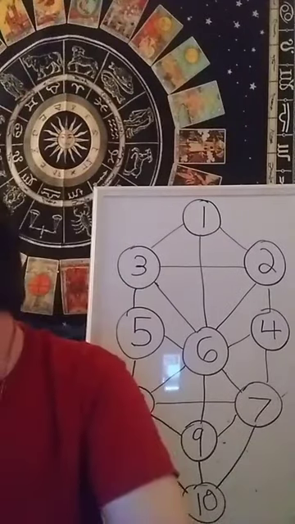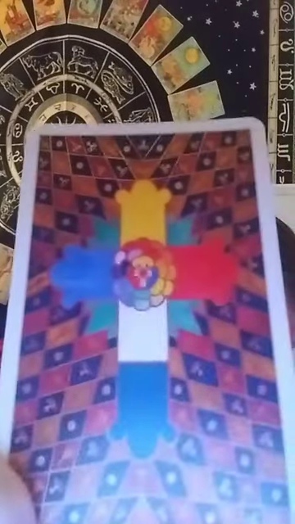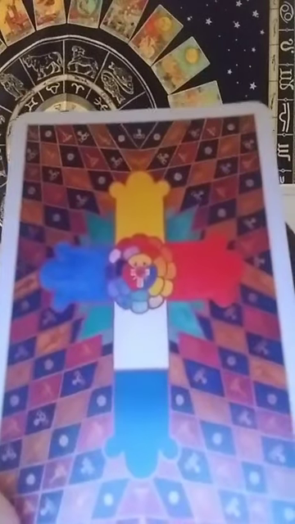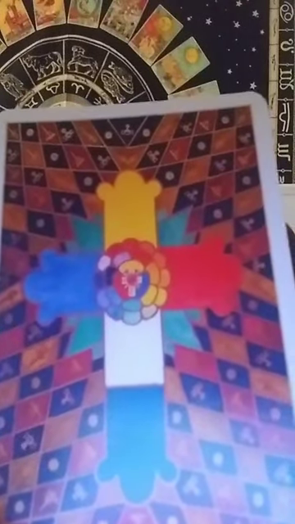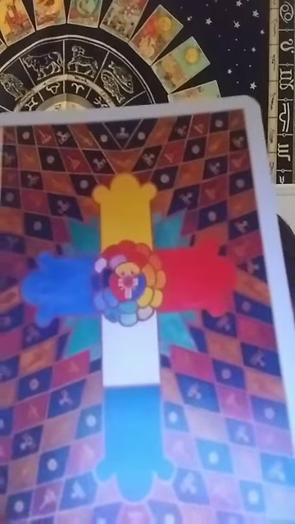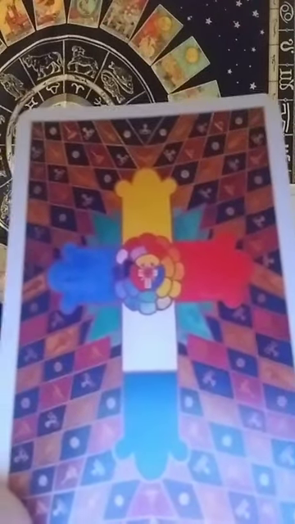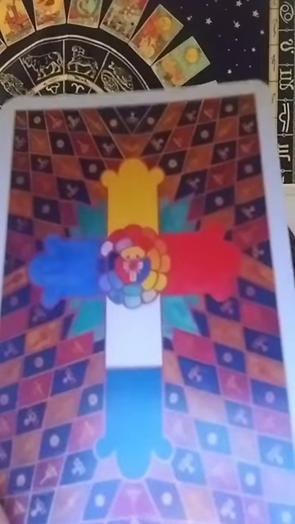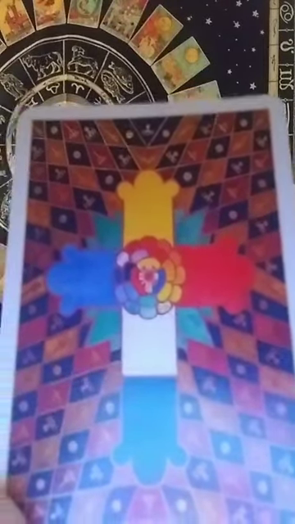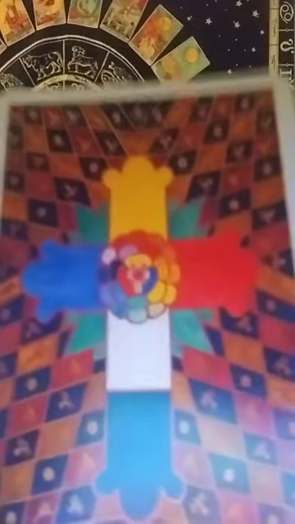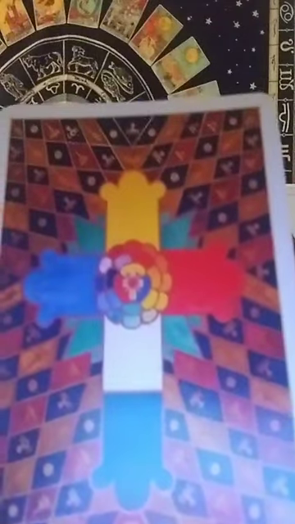Now, all of this is also found symbolically here in the Hermetic Rose Cross image. This image was used by adepts of the second order of the Hermetic Order of the Golden Dawn. So this is the Hermetic Rose Cross.